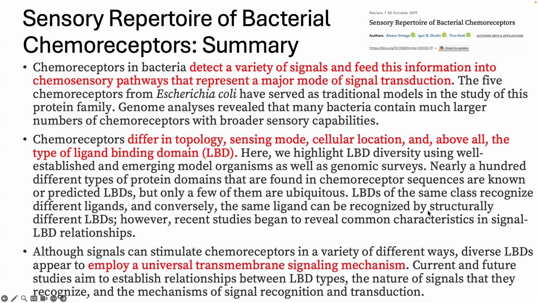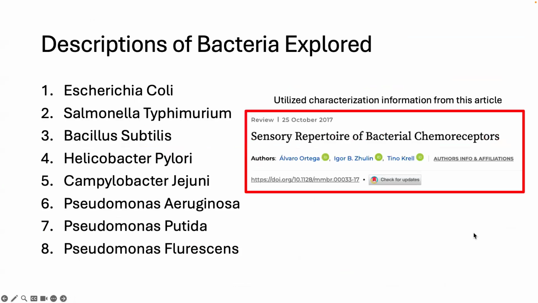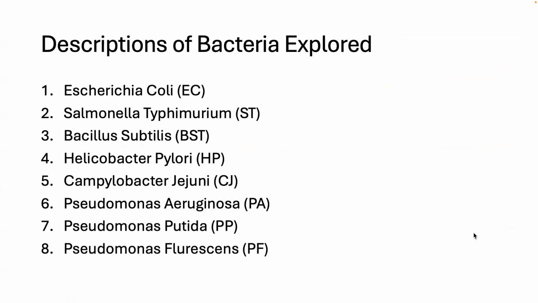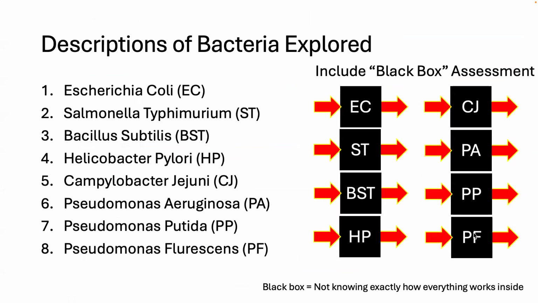I just highlighted a couple of things from the abstract of that paper, and I'm going to be using these 8 to help me in my characterization. I'm just going to be using the abbreviations, so if you hear me call one of them out, this is what I'll be referring to, a 2 or 3 letter shorthand.